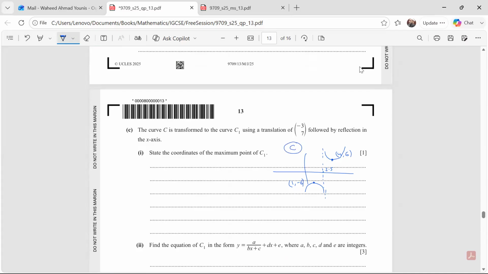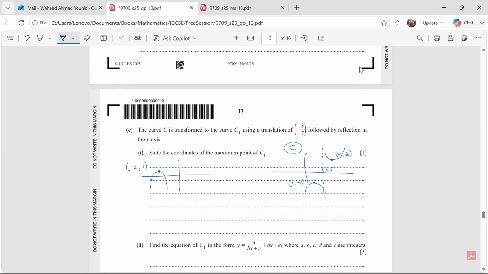Now a new curve C1 is formed by this translation, which means that x is moved -3 and y is moved 7. Okay, so let's see. When x is moved -3, this coordinate will come negative and 7. Okay, so it's somewhere over here. This point will come over here. And so what is the new coordinates of this point? 1 minus 3 is going to be -2, and -6 plus 7 is 1.